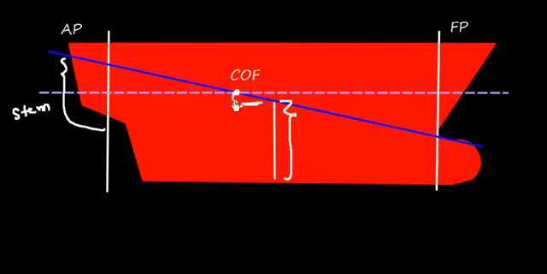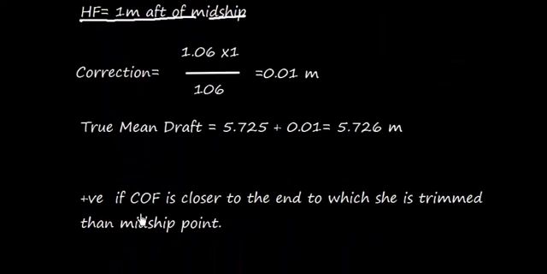So I need to add some correction to obtain the draft at the center of flotation, this draft. The simple rule is that this correction is added, that is positive, if COF is closer to the end by which she is trimmed. So if it is trimmed by the stern and it is closer to the aft end, then this correction needs to be added.